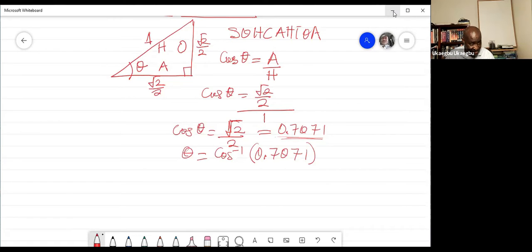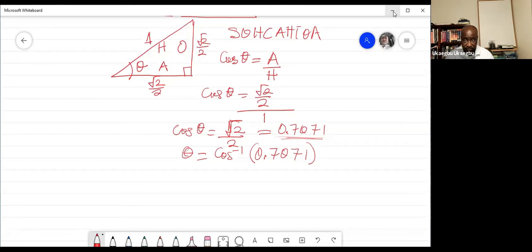All right, so now we are looking for inverse of cos. You can see it is on the blue side, the blue button. For us to get to the blue button, we have to press second function. So we press second function, cosine, and then we type in the number 0.7071, close the parentheses and hit enter.